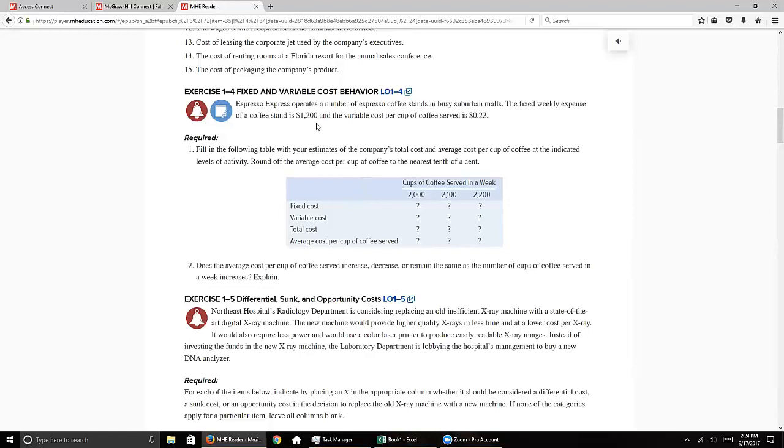That was another big piece of Chapter 1, and really those concepts get put to use in every future chapter, the rest of the semester. This idea that some costs behave differently than others. So we had three categories of costs: fixed, variable, and mixed, where mixed meant part of it was fixed and part was variable.